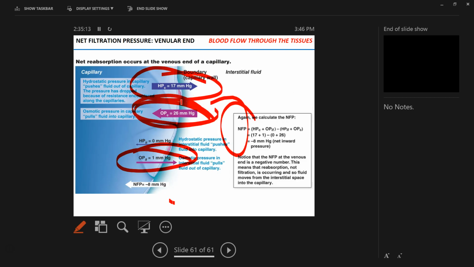If it goes from 26 to 27, this is going to go from 8 to 9, just in the opposite way. So what does that mean for the tissue? If 9 on one end goes into the tissue, and 9 on the other goes out, there's no extra fluid in the tissues. Does that make sense? Which means dehydration.